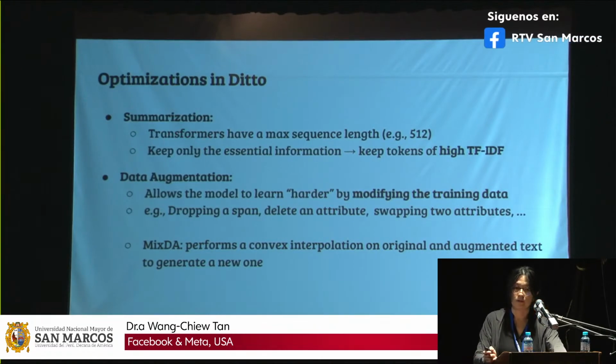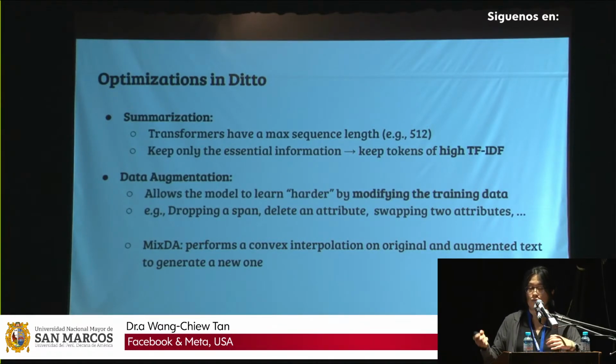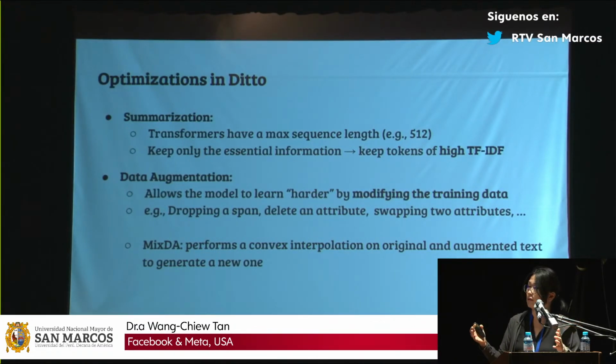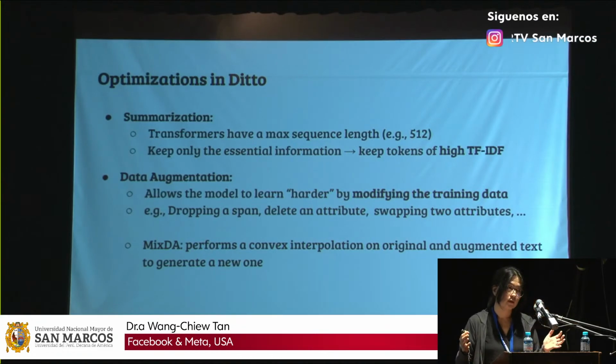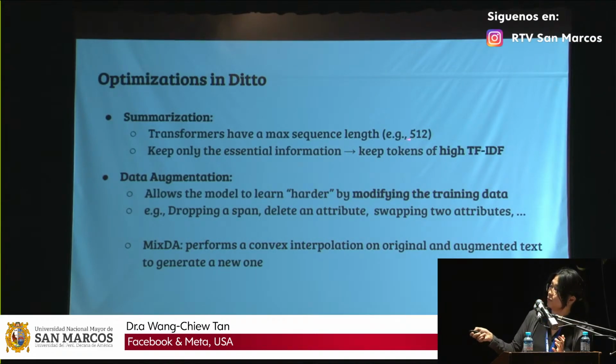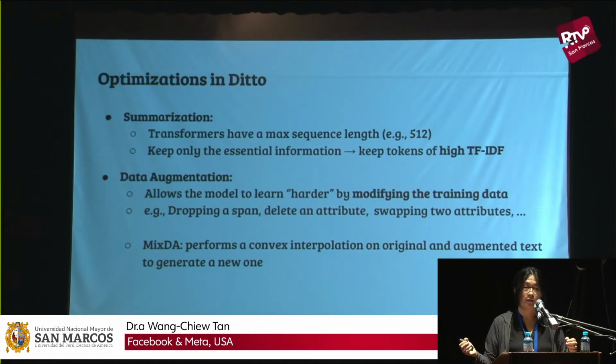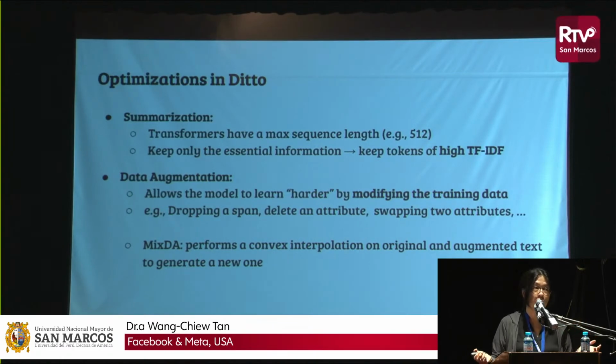The third one I think is very important. This is summarization. As you remember in the architecture, I pass the two records to the pre-trained language model. Now, pre-trained language models have a hard limit on the sequence length. For the ones we experimented with, it was 512. Some records are so long that they don't fit in 512 tokens.